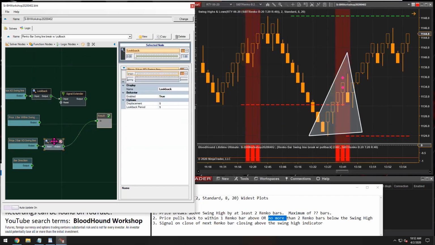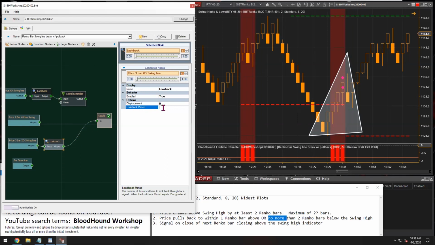Let's connect that in. Again, we'll set our displacement to 0 and set our look back period to 3. And then we want a minimum. And there is our signal telling us we had a failed crossover.